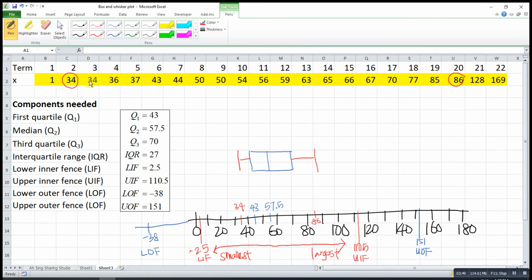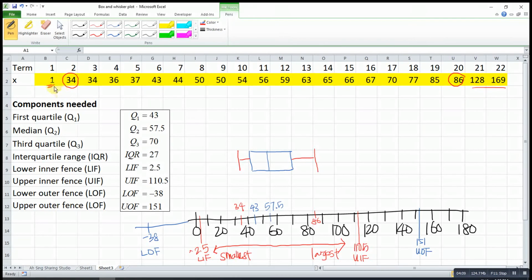Now we have to do the remaining numbers. Since this one and these two are not in the range of the box and whisker, we need to draw them outside. These three are definitely outliers, but whether potential outlier or extreme outlier we still have to determine.